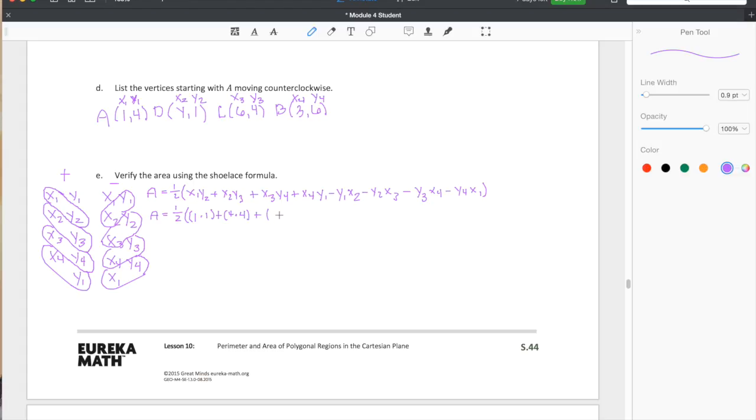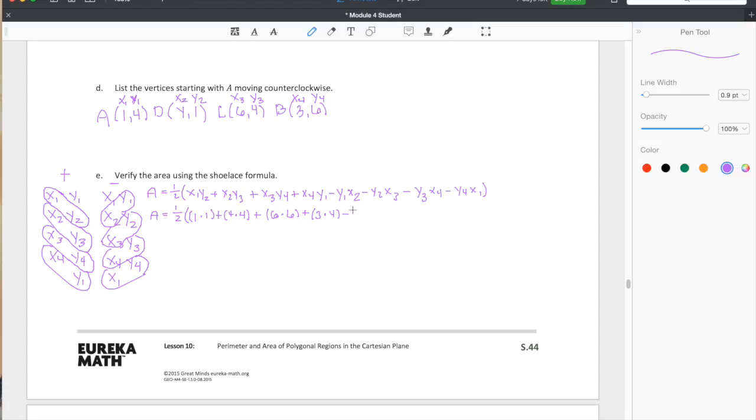And we're going to add that to x3, which is 6, times y4, which is also 6, plus x4, which is 3, times y1, which is 4.